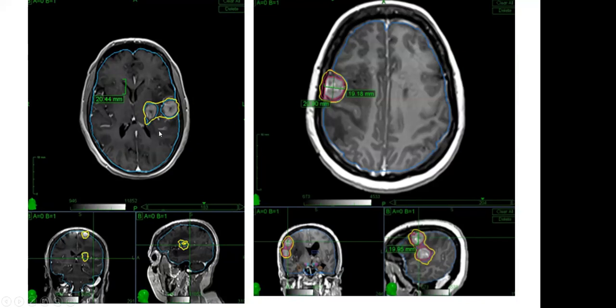So we decided to proceed with the focal radiation only because there was no evidence of diffuse involvement. So we just did radiosurgery here. Same here in this case. It seems like the meninges in this area look involved, but other areas were clear, and so we proceeded with radiosurgery.